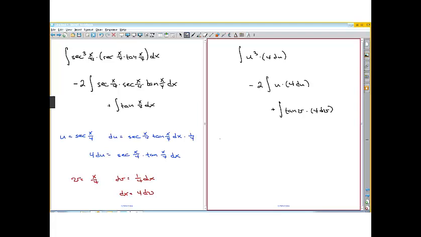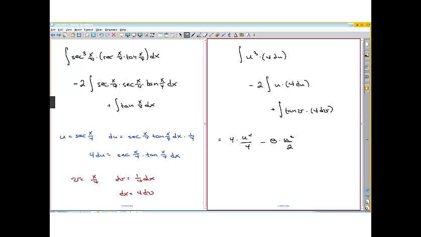Okay, now we integrate all these with respect to u and v. So the integral of u cubed is u to the 4th divided by 4, and we multiply by 4 from this constant. So let me just put that constant out front. So I'm going to take the 4, move it out front, and then multiply by that. The second part will be, let's factor out the 4 and the 2 is already factored out, so we get -8.